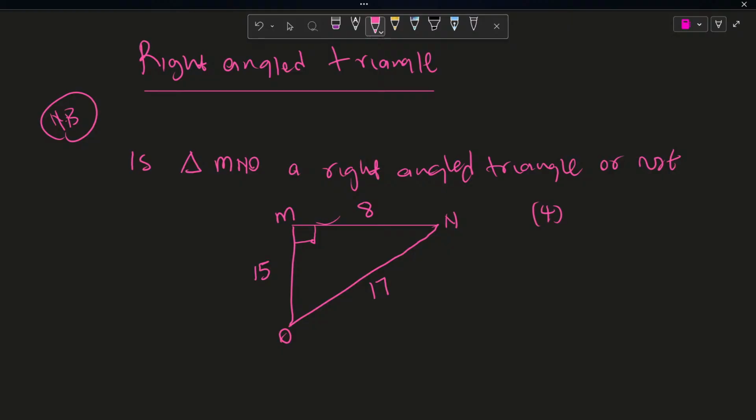Okay. Nzakomanganya is saying it is a right angled triangle. Right. Can we do correction now?